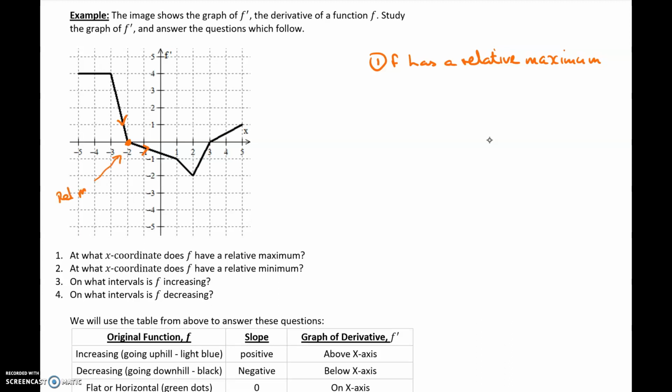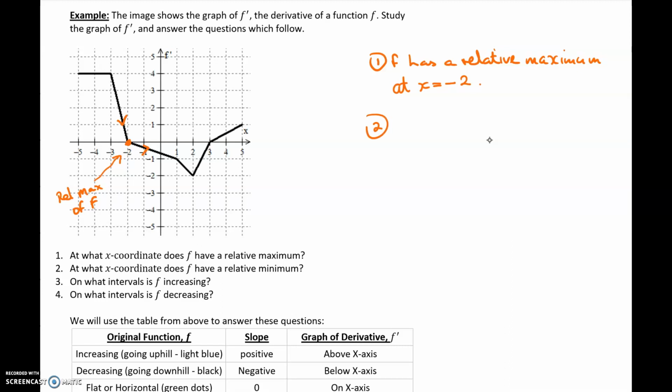You have the relative maximum for f when f prime changes from positive to negative, when it goes below the x-axis. So at x equals -2.